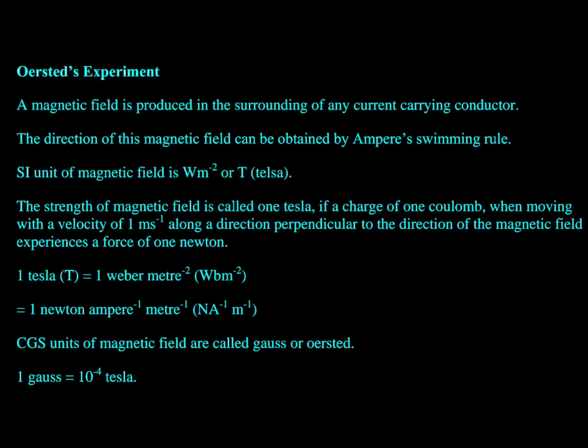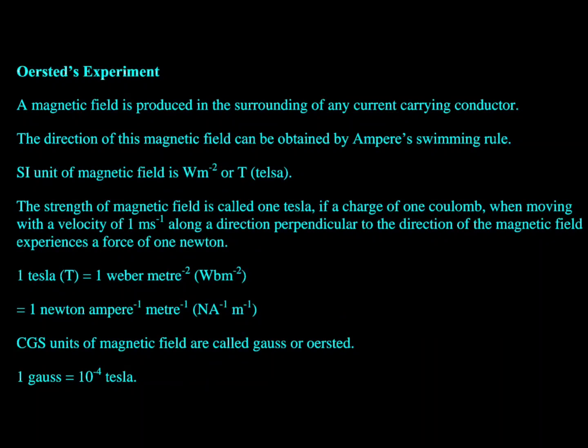When the current passes through the wire, he observed that the magnetic needle shows deflection. This means that electric current in a conductor produces a magnetic field in the space around the conductor. In other words, the flow of electric charges is a source of magnetic field.